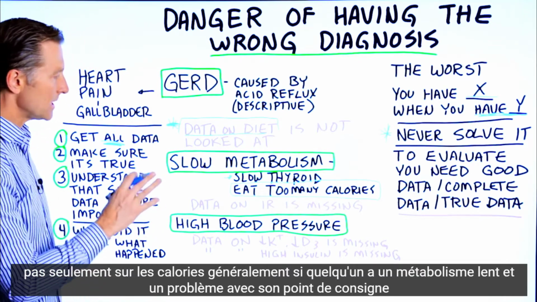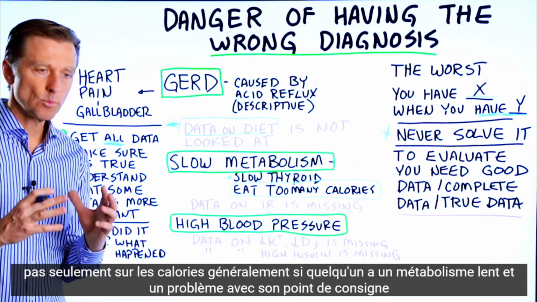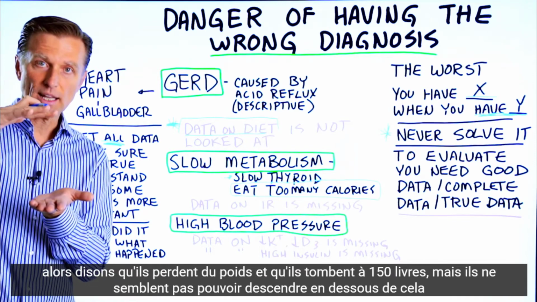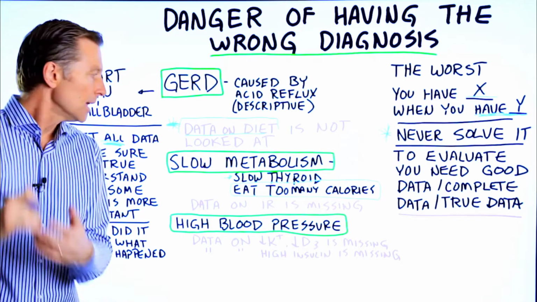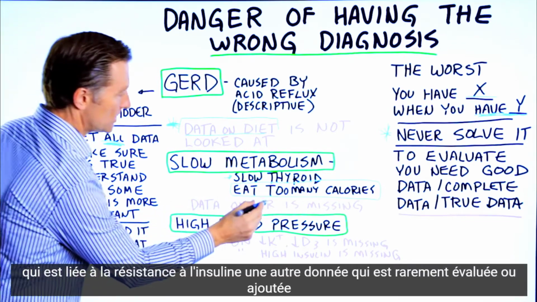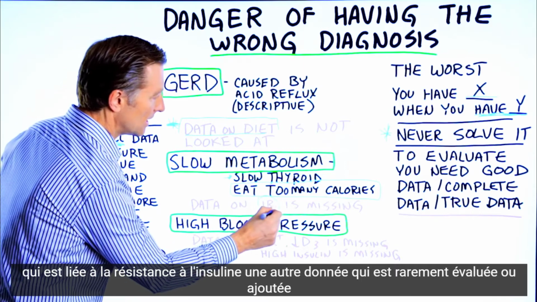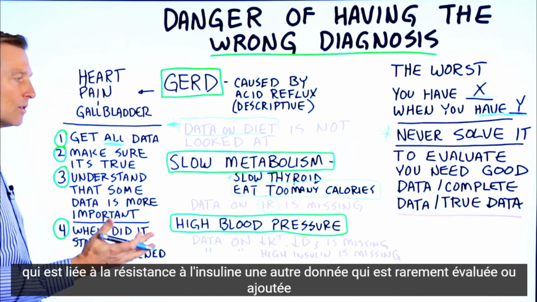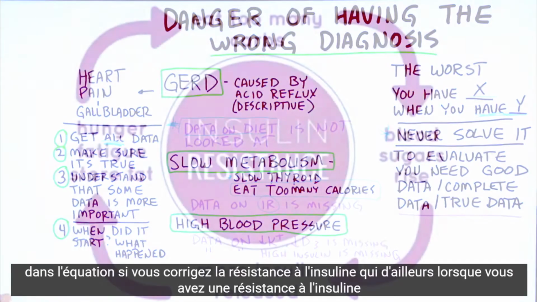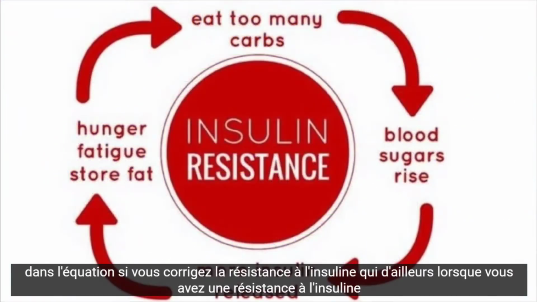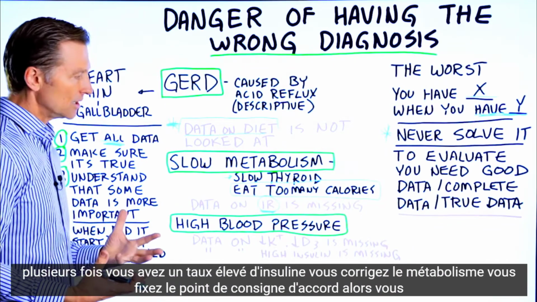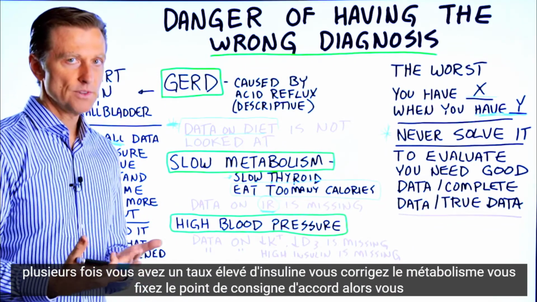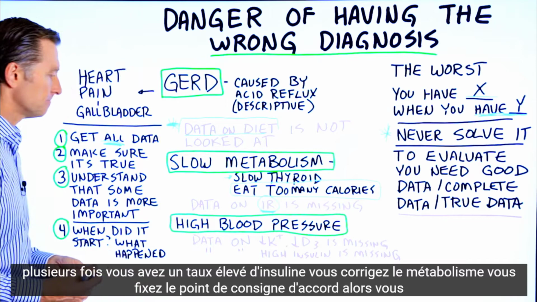Usually, if someone has a slow metabolism and a problem with their set point, so let's say they lose weight and they get down to 150 pounds, but they can't seem to get below that, that is related to insulin resistance, another piece of data that is rarely evaluated or added into the equation. If you fix insulin resistance, which, by the way, when you have insulin resistance, many times you have high insulin, you fix the metabolism. You fix the set point.